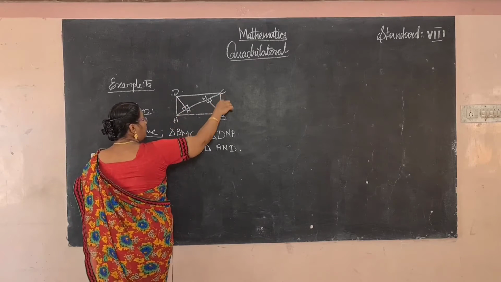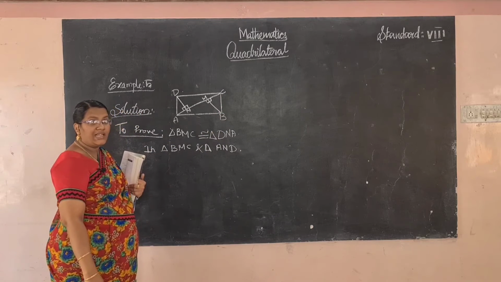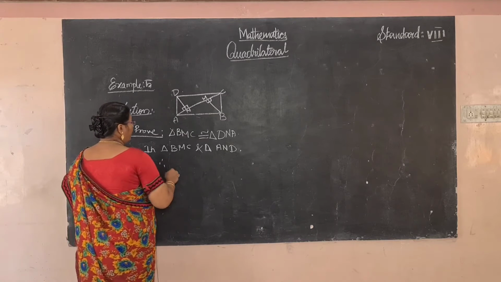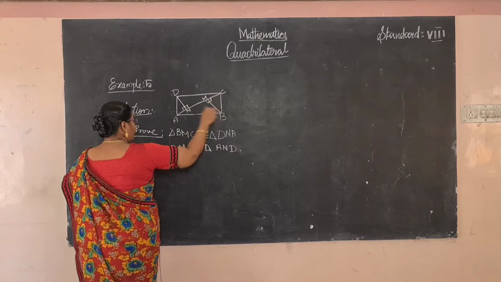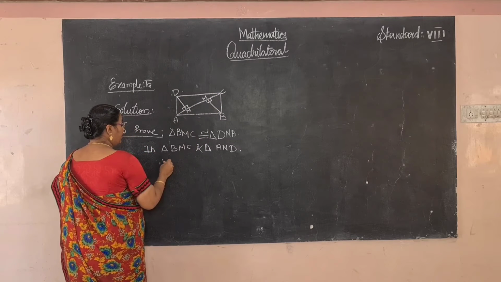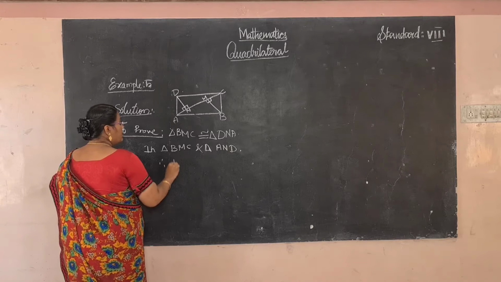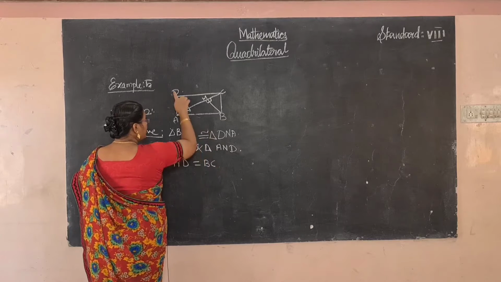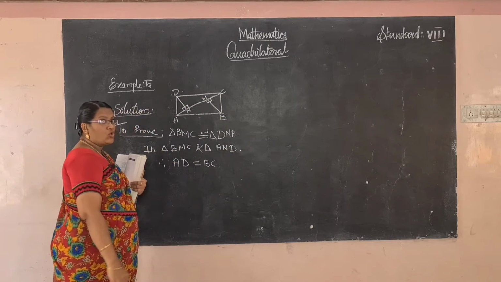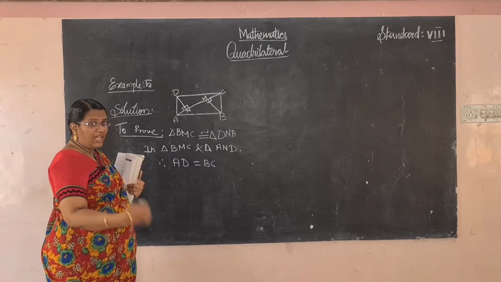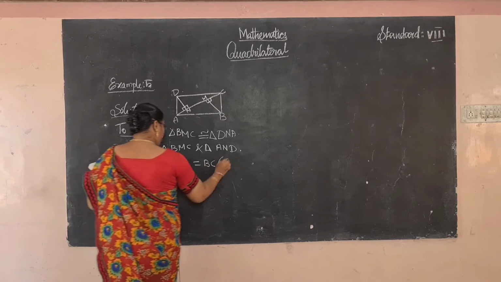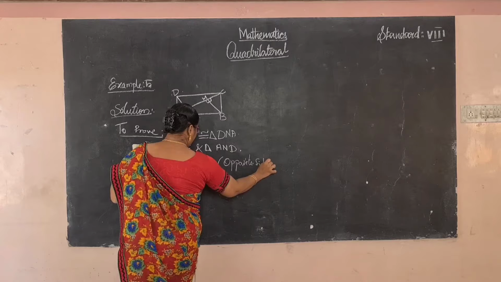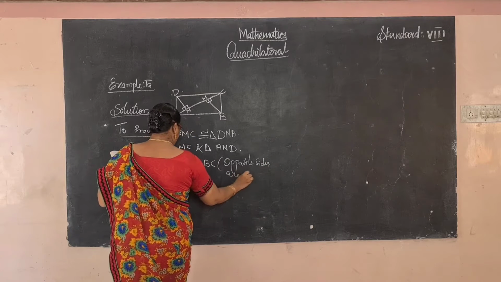AD and BC, because opposite sides are equal in a rectangle. Therefore, in these two triangles, we get the side AD is equal to BC. This side and this side are equal because opposite sides are equal in a rectangle. Here write: opposite sides are equal.